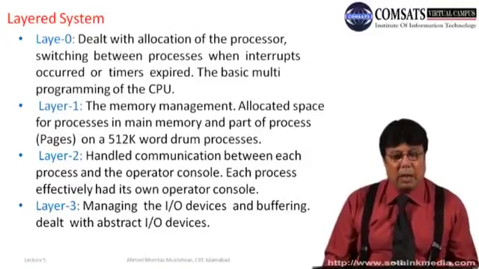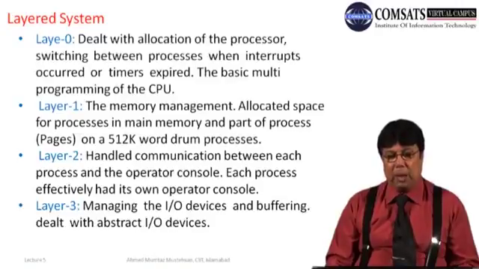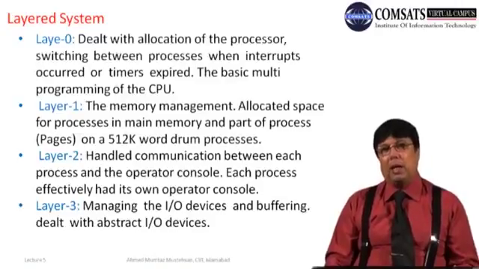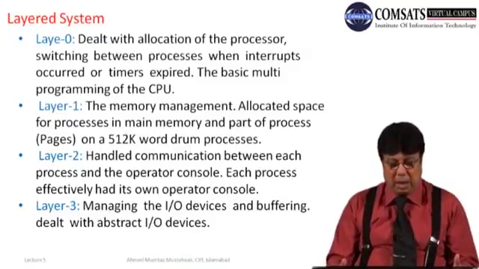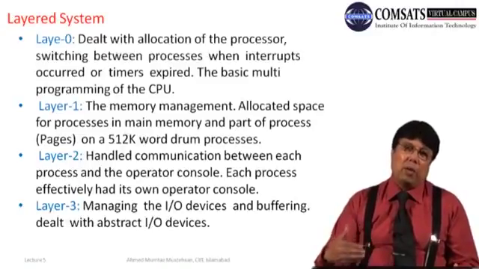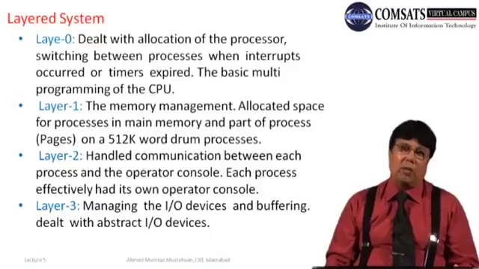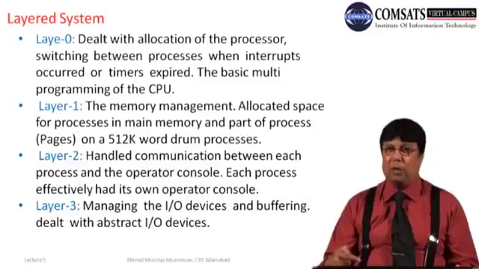Then the next layer is layer number 1, which is called memory management. It allocated space for processes in the main memory and part of process pages on a 512K word drum. I've said that in those days there was no hard disk, so we used to have a big device. It is just like a drum whose outer surface was magnetic coated, and we used to write on the outer surface of that drum.